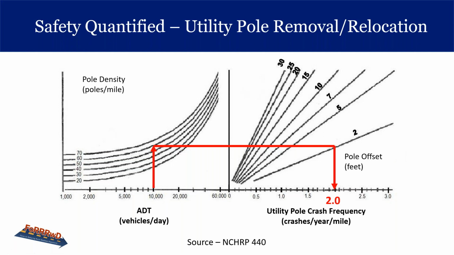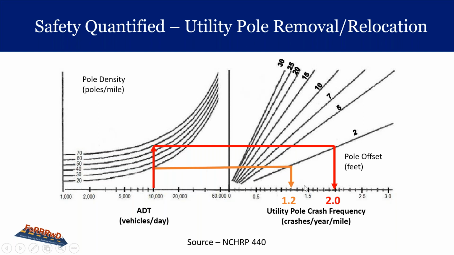And so this results in 2 utility pole crashes per year per mile. This does not predict severity, but frequency. So if your strategy is to do joint pole usage and the number of poles can be reduced to 20 poles per mile, but maintain the same offset, this drops the crash frequency to 1.2.